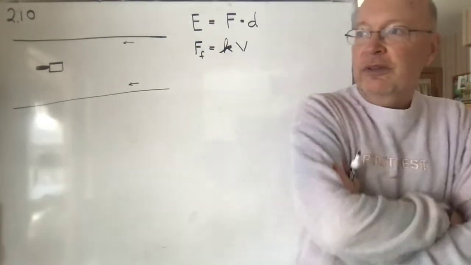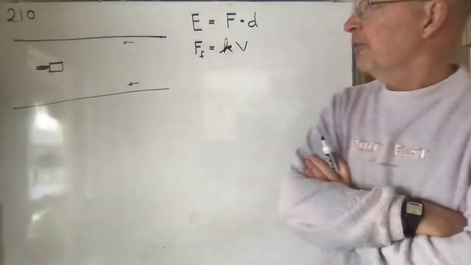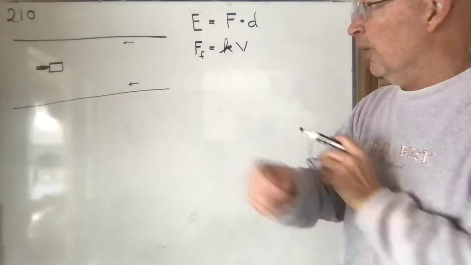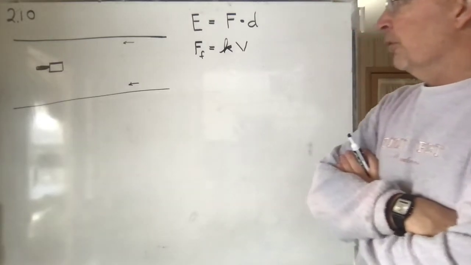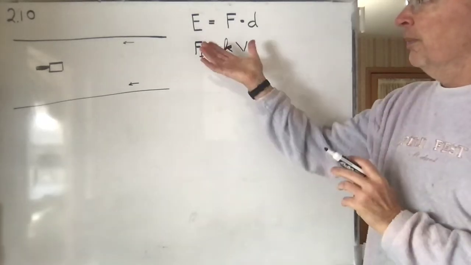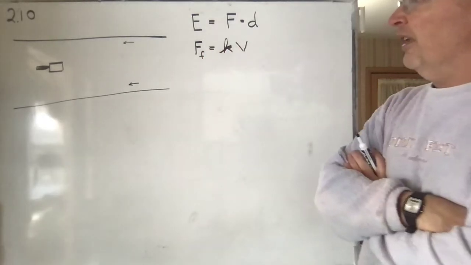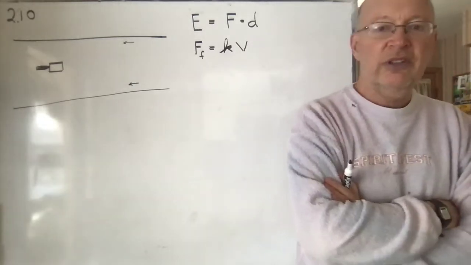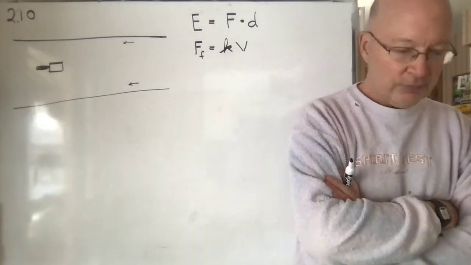So in other words, if you're pushing it at twice the speed through the water, the force needed is going to be twice as great to push it that fast, okay? So those are the two fairly simple, straightforward things from high school physics, or even junior high, that you need in order to do this problem.